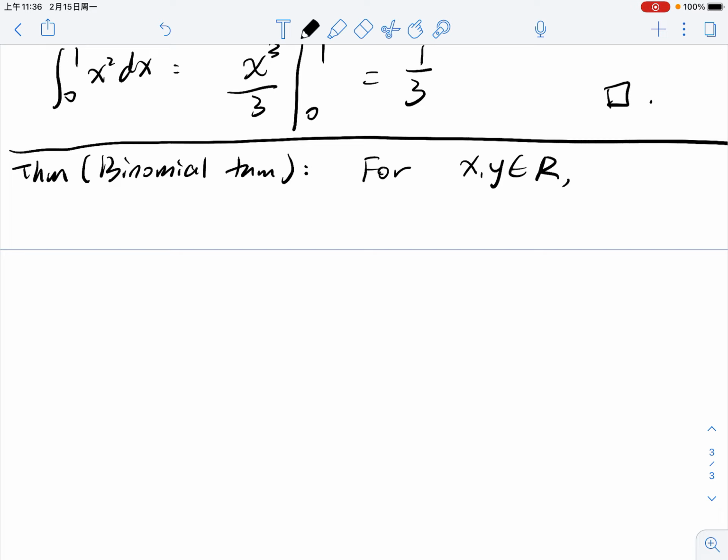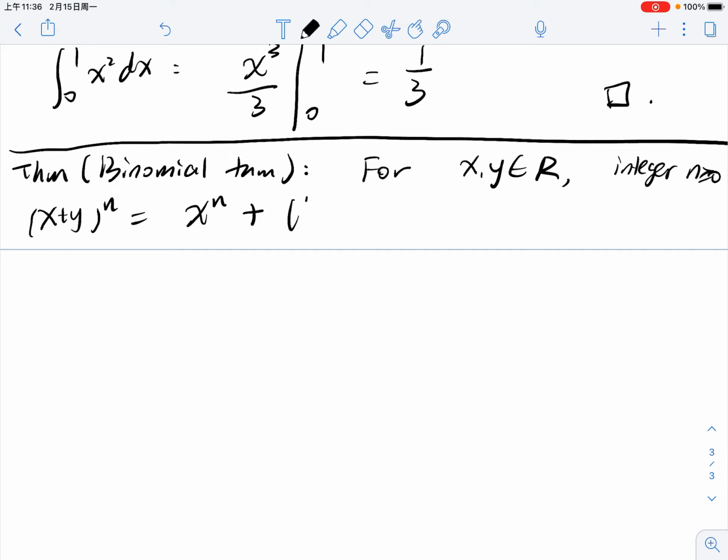Okay, for x, y real numbers and integer n greater than or equal to 0, when you expand (x plus y) to the n's power, of course, each monomial will be of degree n.